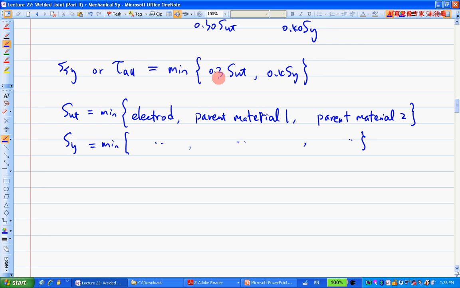The mean value of 0.3 SUT and 0.4 SY is going to be the allowable, or so-called permissible, stress. Then you compare that with the calculated tau value, and you can get a safety factor. This is the typical process for analyzing the joint. We'll illustrate this through an example.